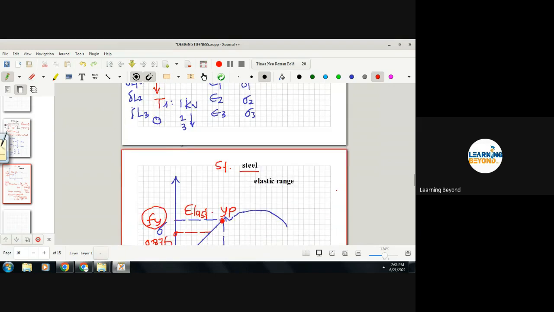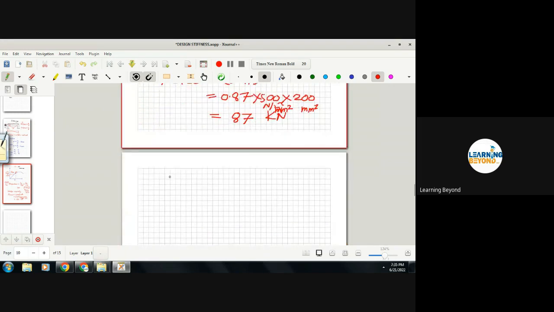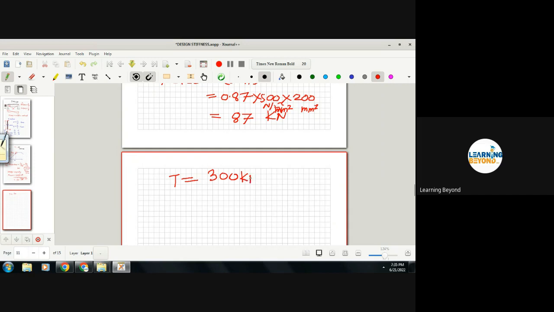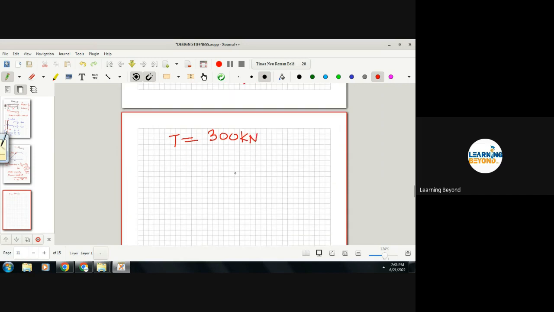Let's say I am applying a force of 300 kilonewton. Can anybody tell me what diameter of rod you can use safely so that it will take this design force? Now this is the ultimate force. Please try to understand.